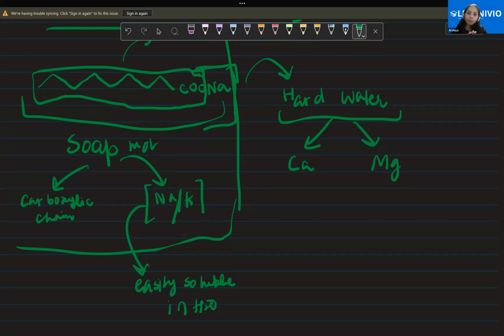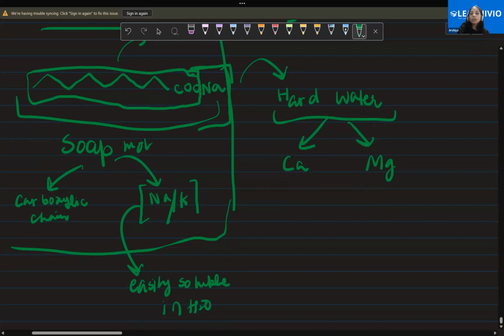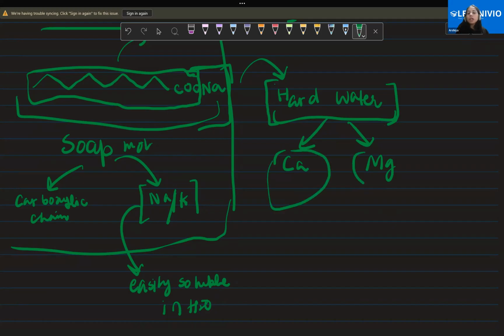Now, why do we avoid using hard water with soaps and detergents? This is because hard water already contains calcium and magnesium, some other metals. When these two react, the sodium and calcium get replaced.